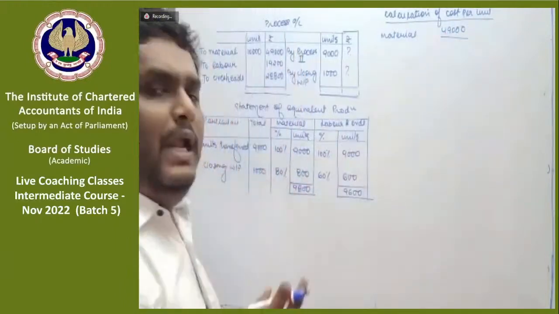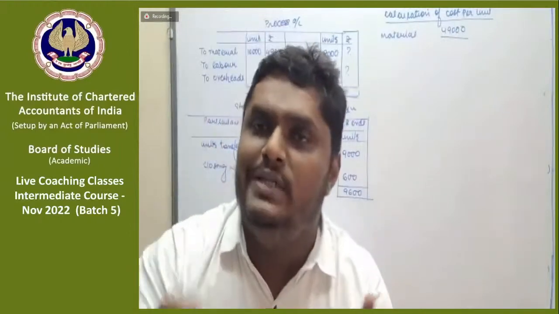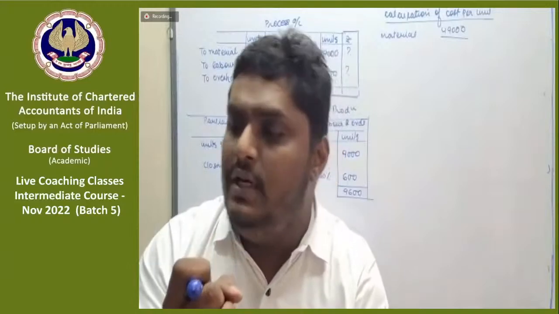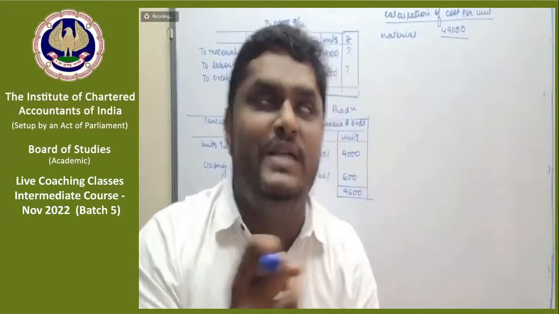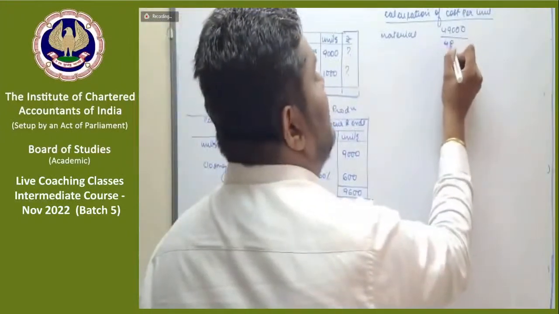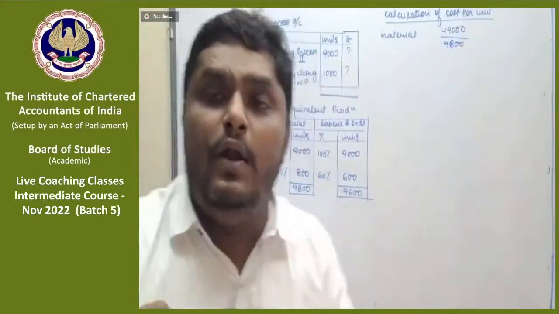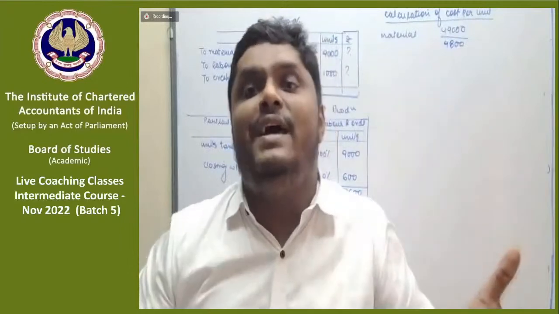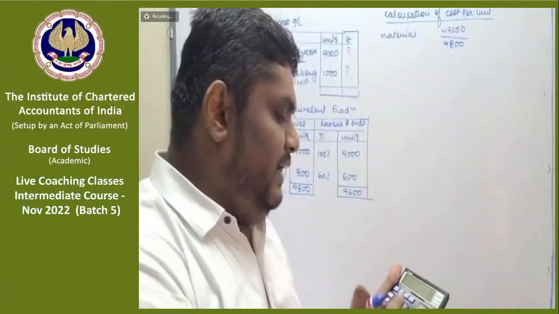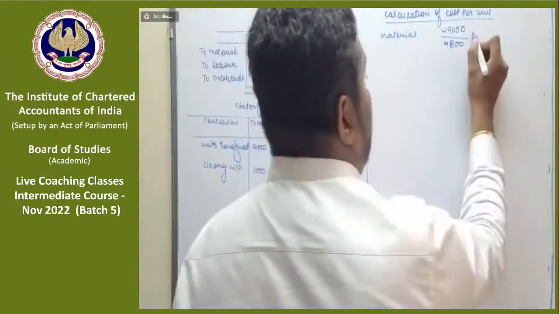The equivalent number of units, that is 9,000 units that are transferred to the next process, are 100% complete, and 1,000 units that are 80% complete, so 800 units. So this is how I got 9,800. So 49,000 is the cost incurred on 9,800 units that are 100% complete. So we can easily calculate the cost per unit, that is rupees 5 per unit.